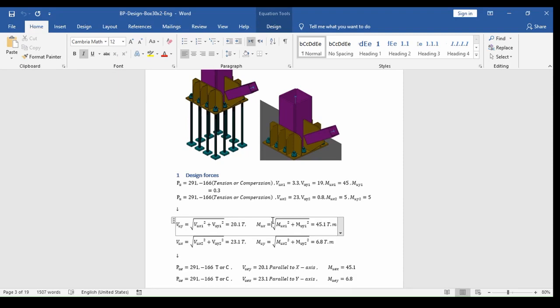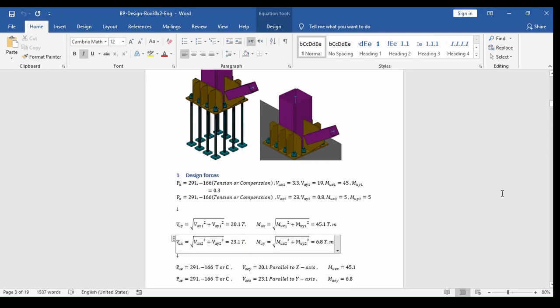But in IDEA, you can simply consider both dual axis shear forces and flexural moments because the software uses the finite element method to analyze the connections. As you can see, VUX, VUY, MUX, and MUY are slightly bigger in order to consider the effects of dual axis forces.